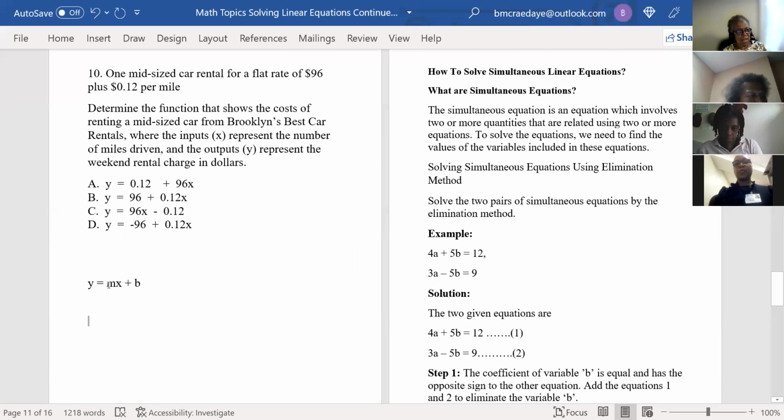The number in front of the X has to be 0.12, which means you can eliminate the ones that don't have that. You can eliminate A and you can eliminate C, because the slope has to be in front of the X. So which one is it, Vanessa?